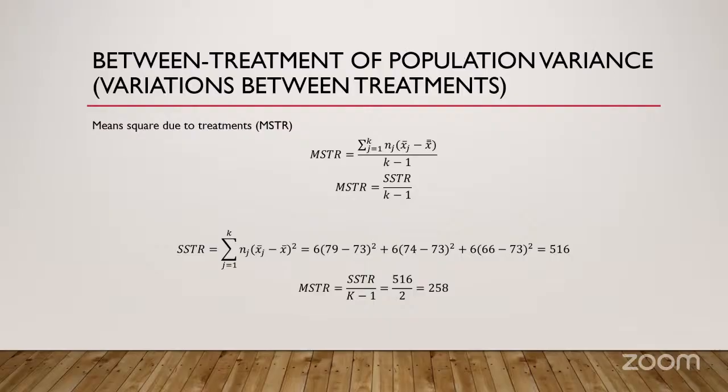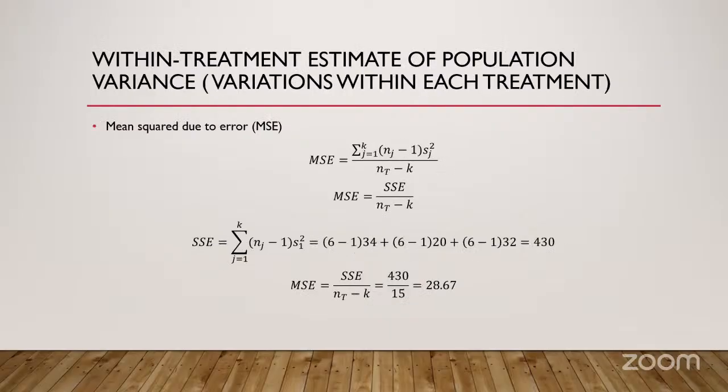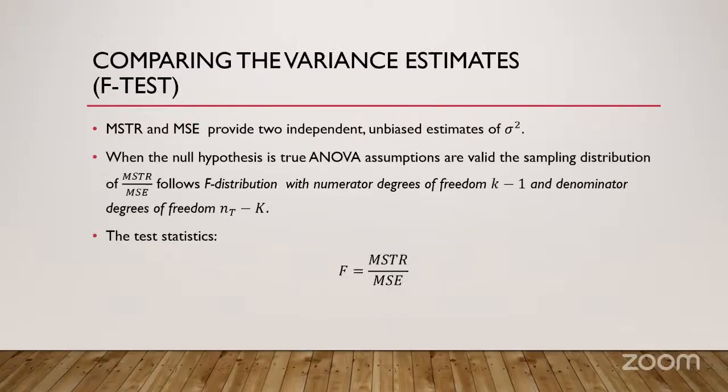A term like mean square due to treatment is when we measure all the variations in treatment, which we call the squares, then we find their mean. That is called mean square due to treatment. We also have mean square due to error. Now, this is where we use the F test.